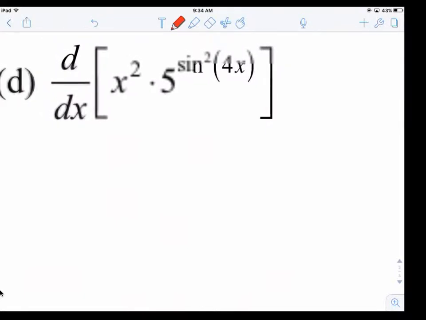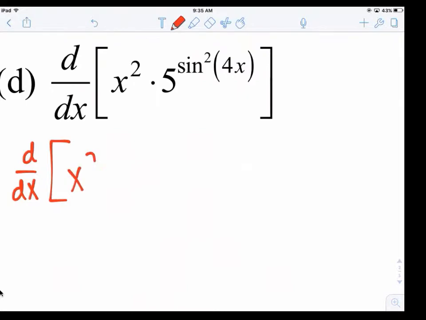All right, letter D. How would you rewrite that equation? And the chain rule, right?